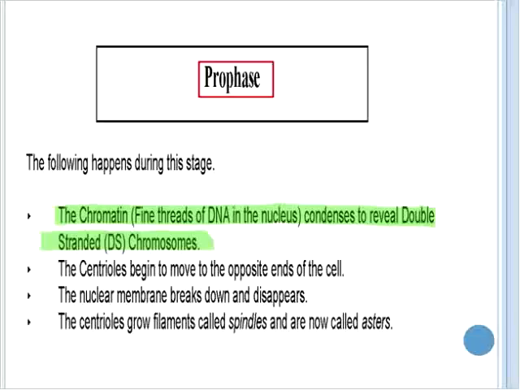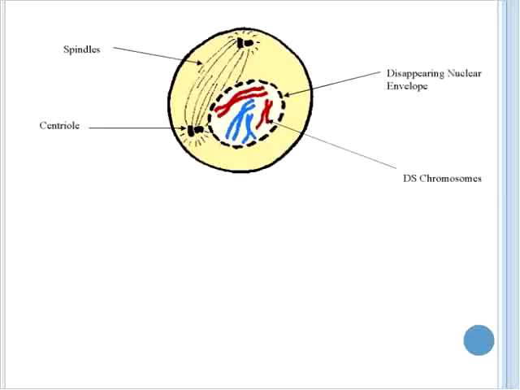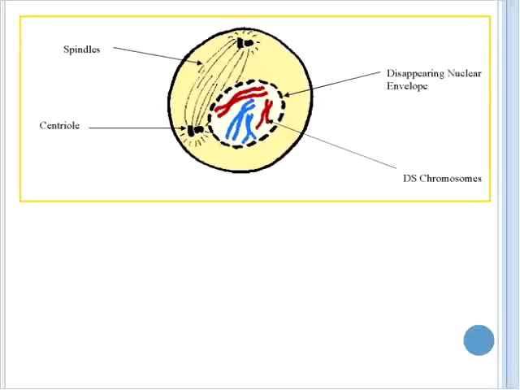Secondly, the centrioles will move to the opposite ends of the cell. Third, the nuclear membrane starts breaking down and eventually disappears. And fourth, the centrioles themselves grow filaments called spindles and are now called asters. The following illustration diagrams what prophase consists of.